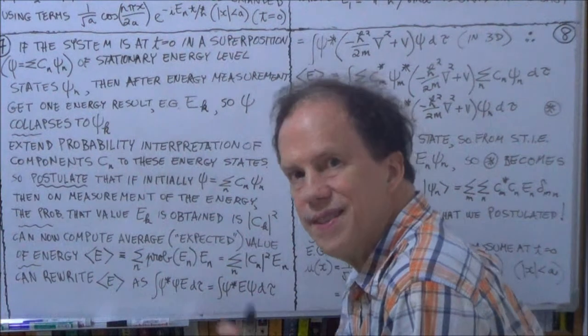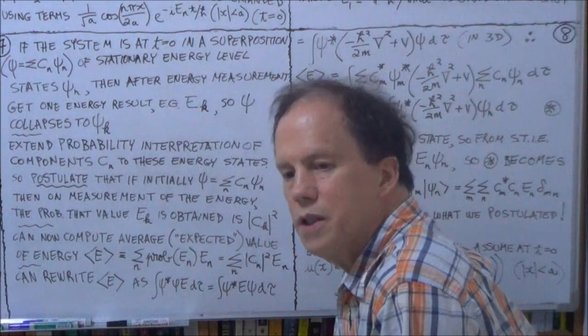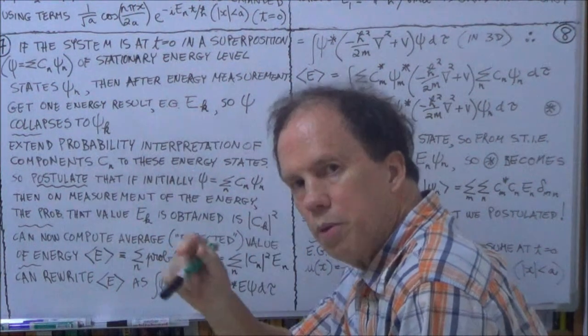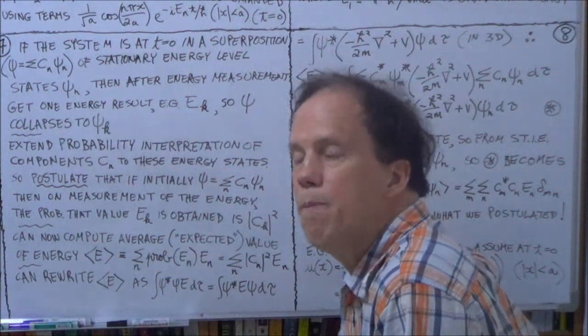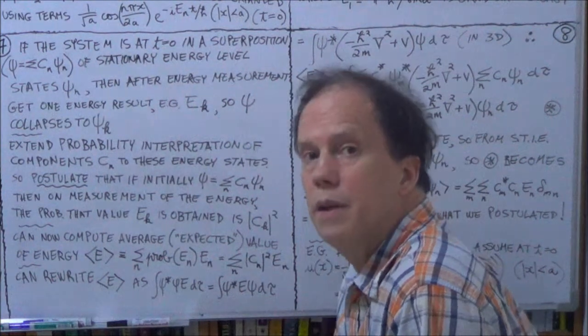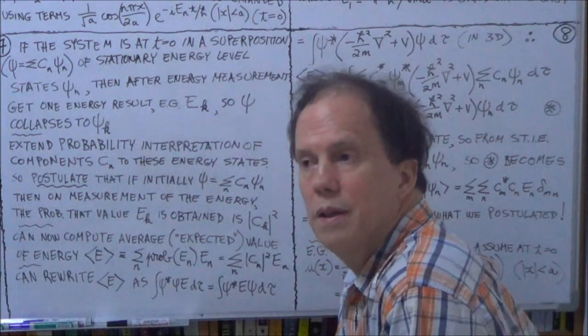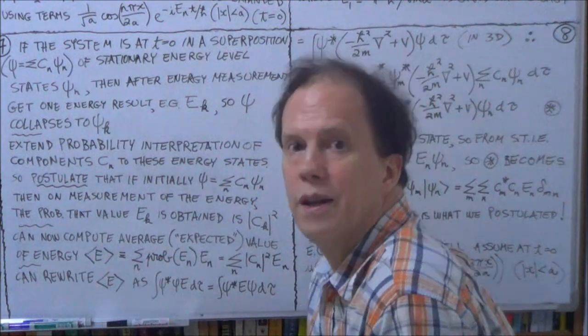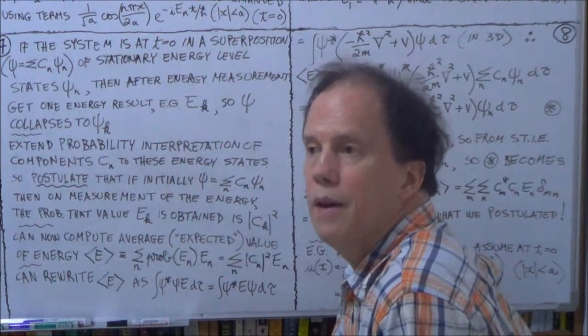Remember, a basis is a set of wave functions such that you can multiply them by complex numbers, C, sum them, and that weighted sum approximates, as accurately as you like, in Fourier analysis type reasoning, your general wave function.